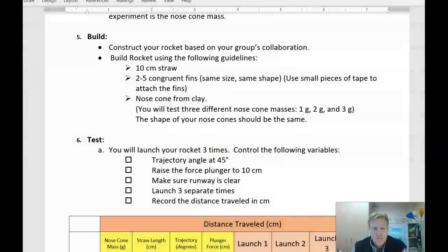If you are at home or testing separately with a paper rocket and have access to a digital kitchen scale that can measure grams, you can use tape or different clay to make those size nose cones.